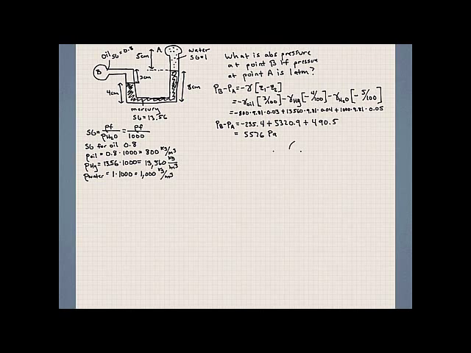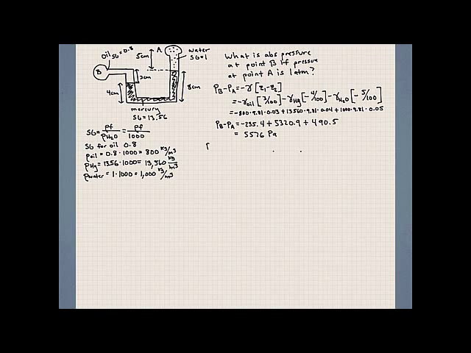Now the question though is asking, what is the pressure at point A? And we're specifically interested in the absolute pressure. So remember, absolute is in reference to a completely zero pressure or a vacuum. So what is it going to be in absolute values? The absolute pressure at point A is 1 atmosphere.